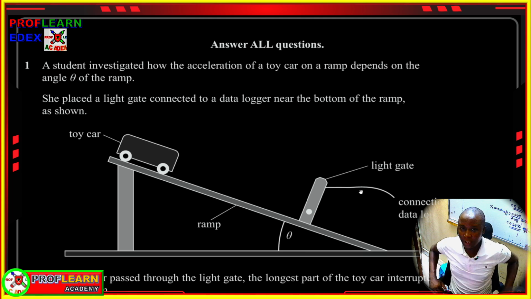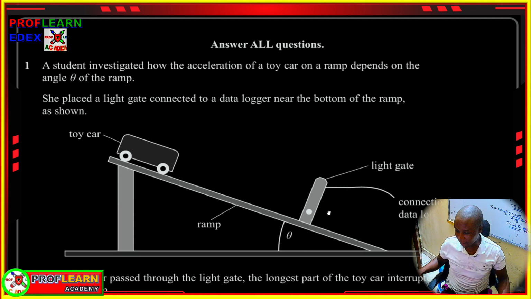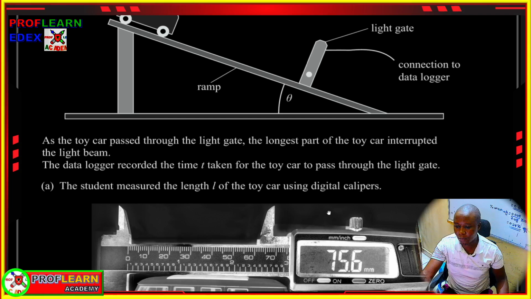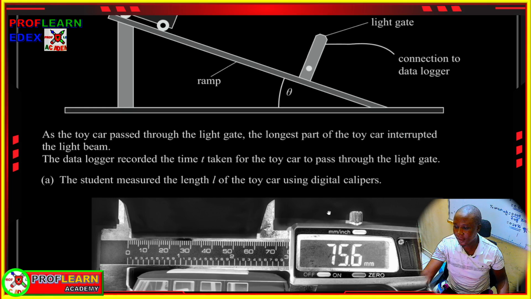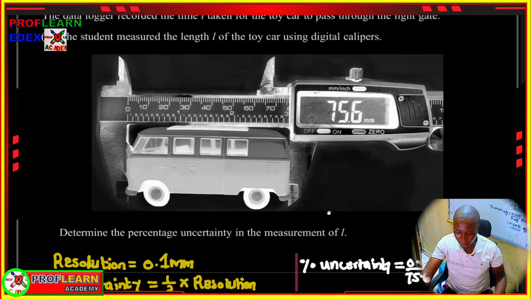The light gate can tell us at what speed the toy car passes. The student measured the length L of the toy car using digital calipers, and the reading is shown as 75.6 millimeters. We are supposed to determine the percentage uncertainty.